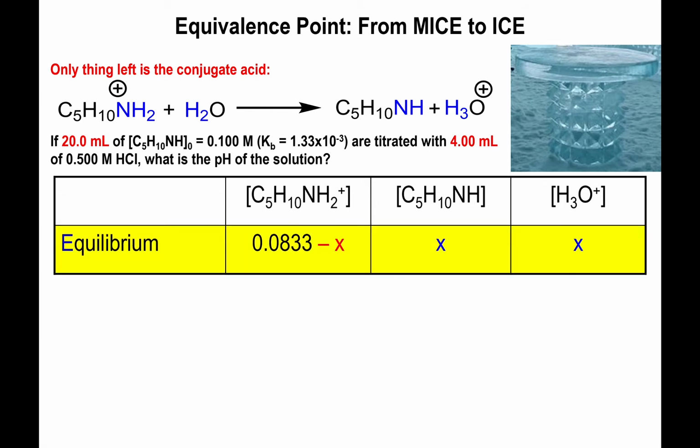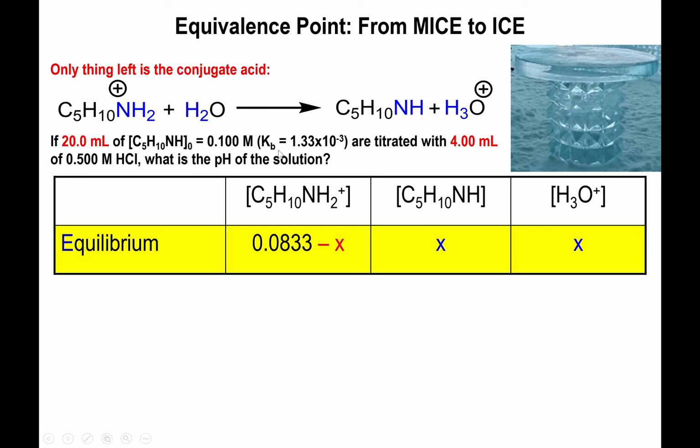Now, much like the example we did in the previous lecture, you have to recall that because we have run out of conjugate base and all we have is conjugate acid, by default the equation we have here is the acid dissociation equation. So we have to use the Ka value.